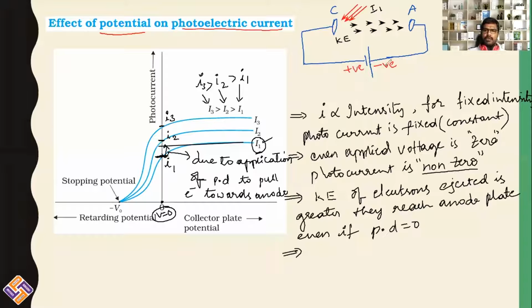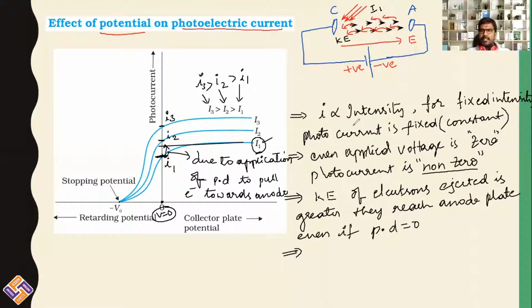If I take positive and negative like this, in which direction will the field be? The electric field will be provided from positive to negative. Therefore, electrons are forced to move in the opposite direction. When they are ejected, they have some kinetic energy.